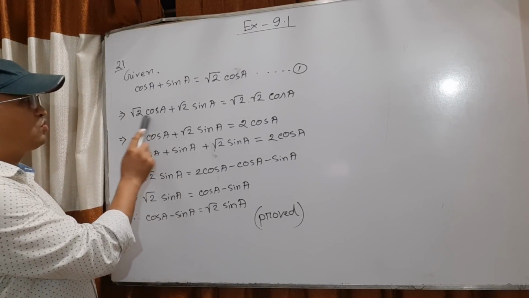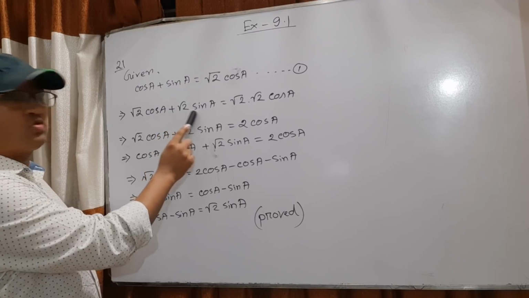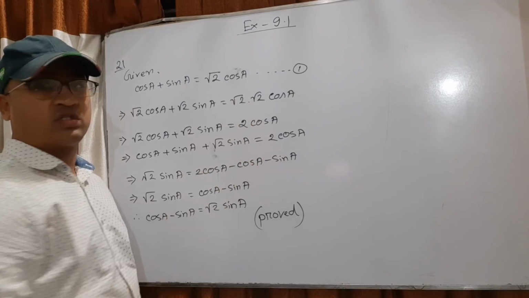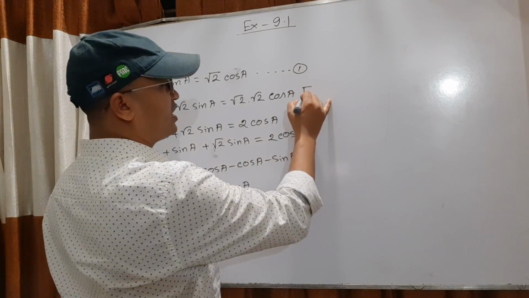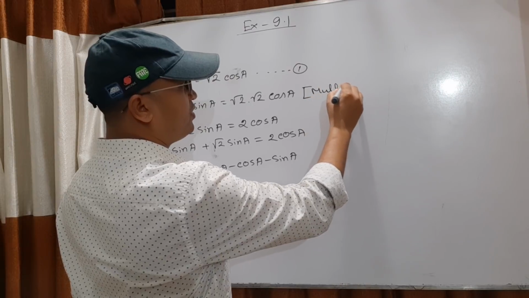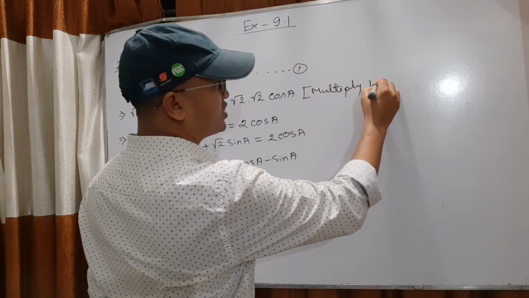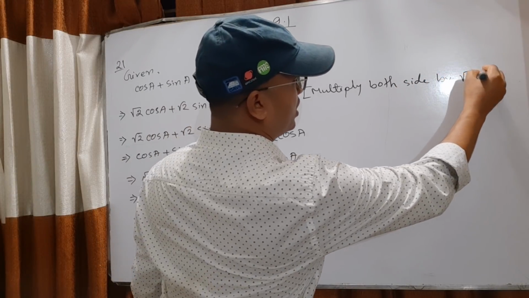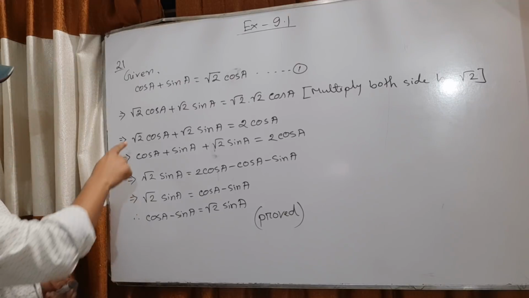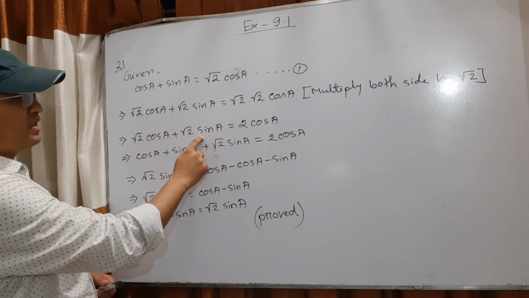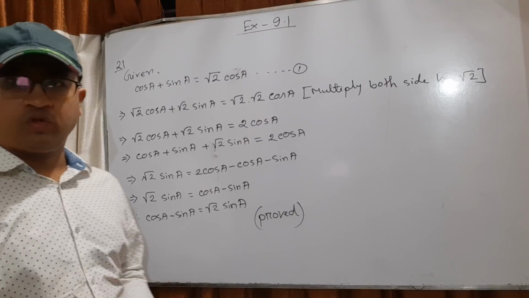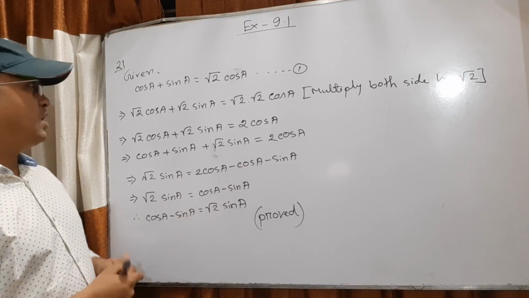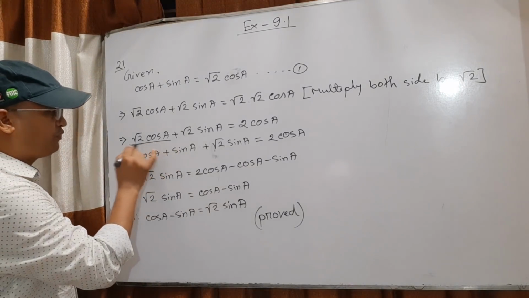Cos A becomes root 2 cos A. Sin A becomes root 2 sin A. And here root 2 cos A becomes root 2 into root 2 cos A. What have I done? Multiplied both sides by root over 2. So it will be root 2 cos A, root 2 sin A. Root 2 into root 2 becomes 2. So 2 cos A.